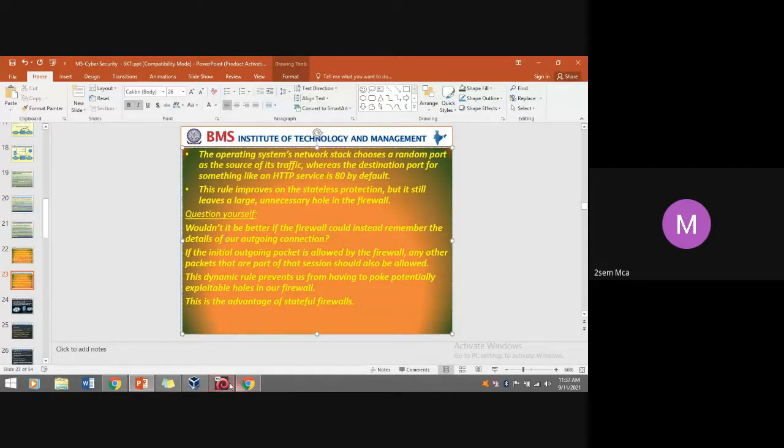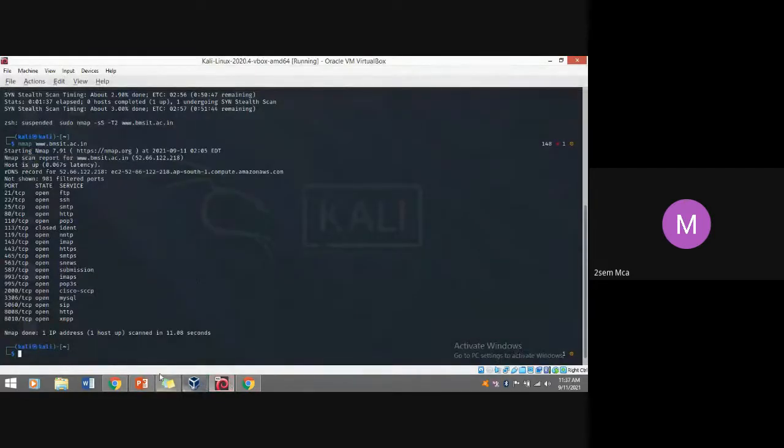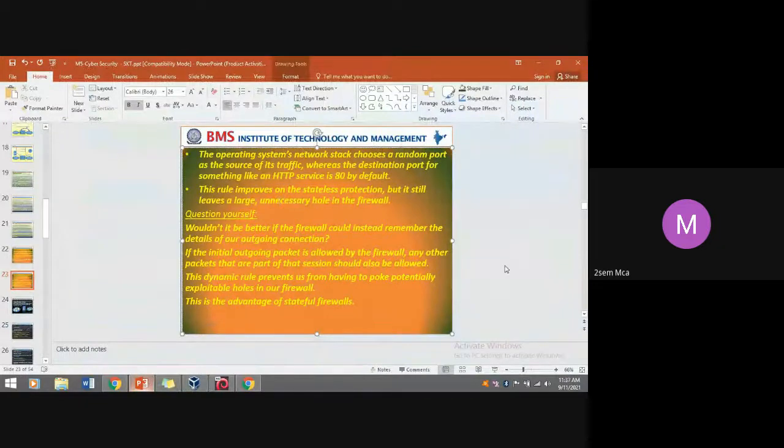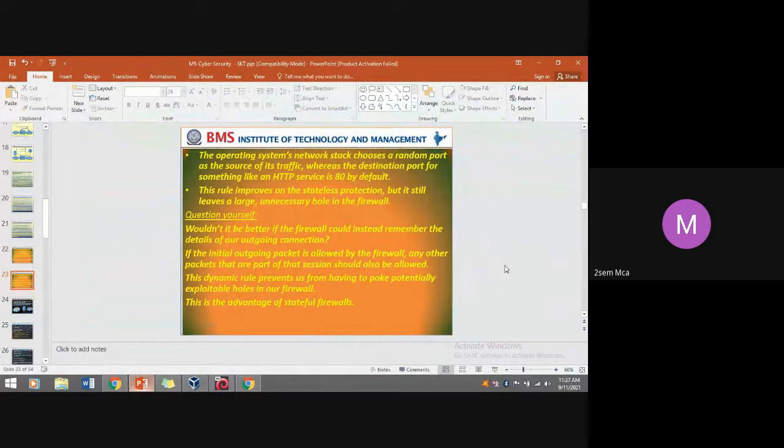You may ask whether an automated, self-decision-taking firewall would be better, but that is not always true, because the firewall's strength and weakness depend on the administrator who sets the rules. Nowadays this is happening with machine learning and deep learning algorithms, and even automation is being carried out with respect to the firewall.